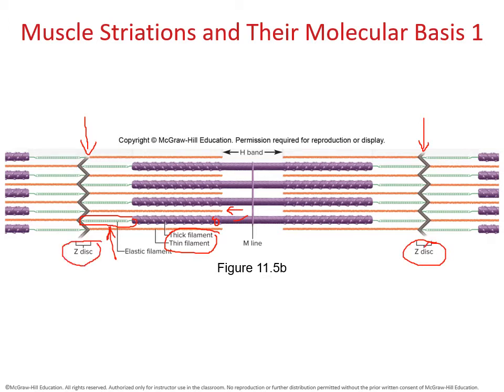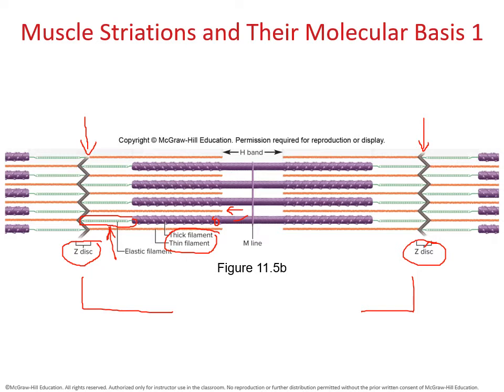And what we see happening, and I'll show you this on additional pictures as we go along, is that from one Z disc to the next is what we're going to be calling a sarcomere, or a contractile unit of a muscle. So this is the smallest part of the muscle that you could get to contract from one Z disc to the next. That's what we're going to call a sarcomere.